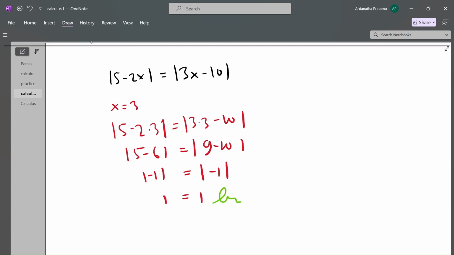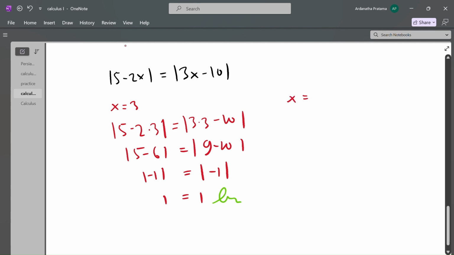And now we use x equals 5 right here. I will substitute it and I have the equation like this: the absolute value of 5 minus 2 times 5 equals the absolute value of 3 times 5 minus 10.